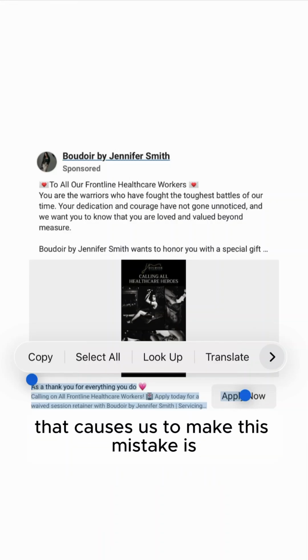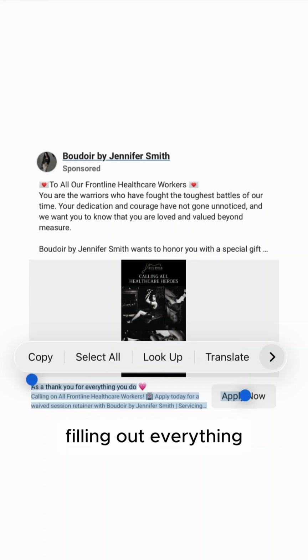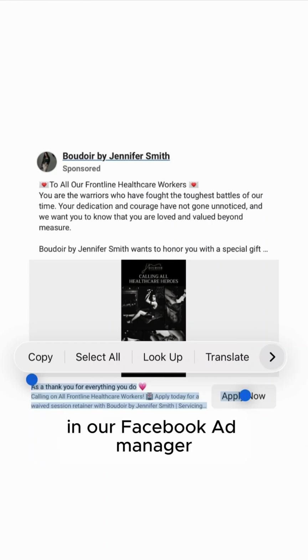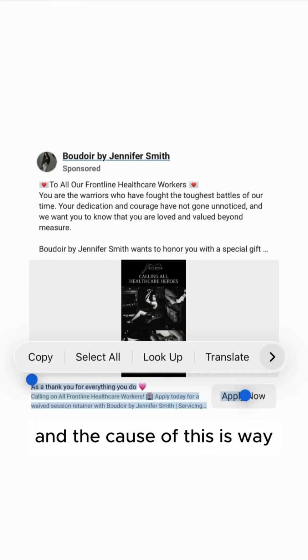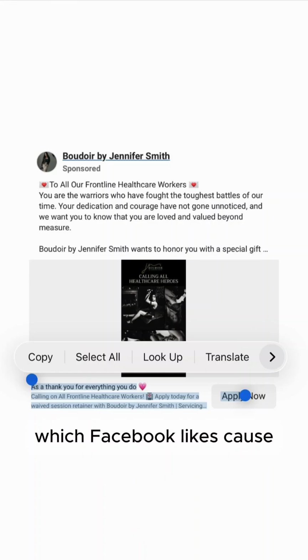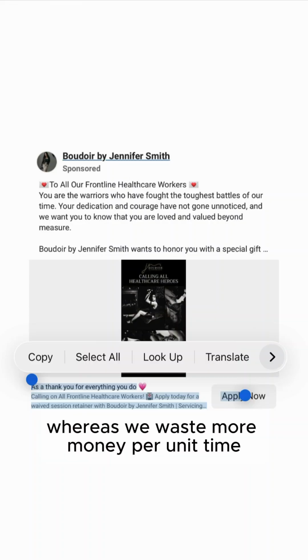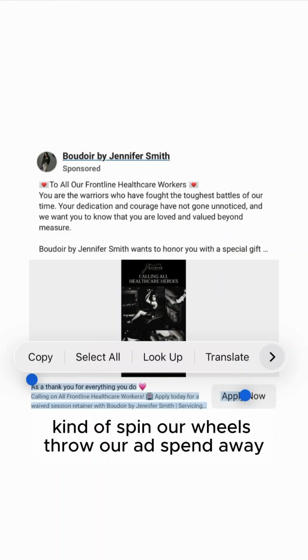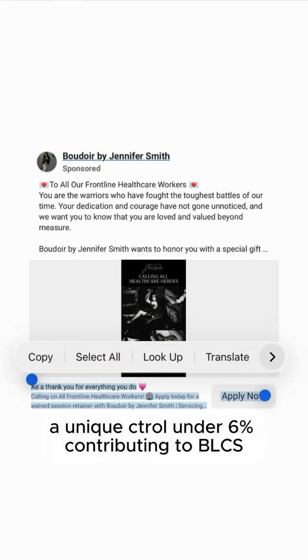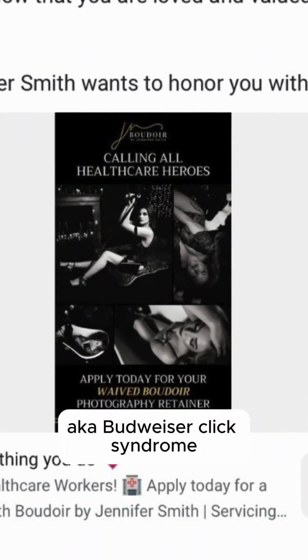And the false belief that caused us to make this mistake is filling out everything Facebook tells us to fill out in our Facebook ad manager. And the cause of this is way more women scrolling by our ad than necessary, which Facebook likes because they can serve more ads per unit time and earn more money, whereas we waste more money per unit time, kind of spin our wheels, throw our ad spend away. So this will contribute to a unique CTR all under 6%, contributing to BLCS, aka Boudoir low click syndrome.